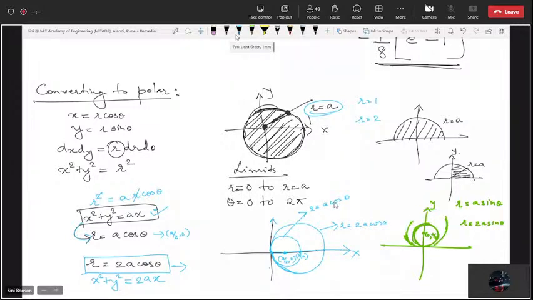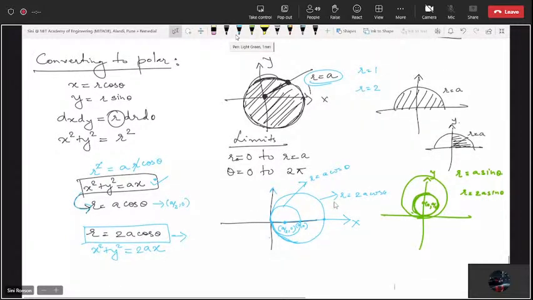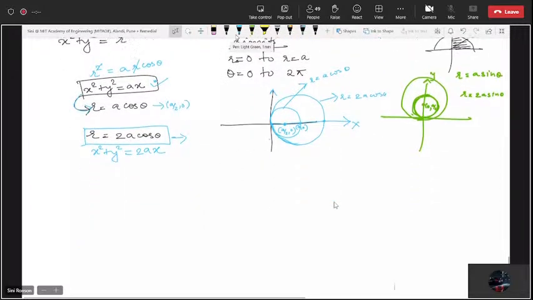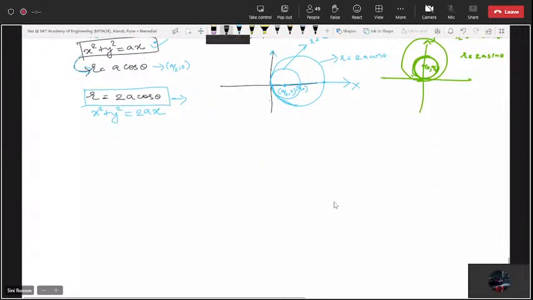ठीक है, so we'll quickly see just a question wherein you can convert into polar and find the limits for this region. Okay, so then most of the part for this particular unit would be completed. Okay, let me take a question. Question number 1.